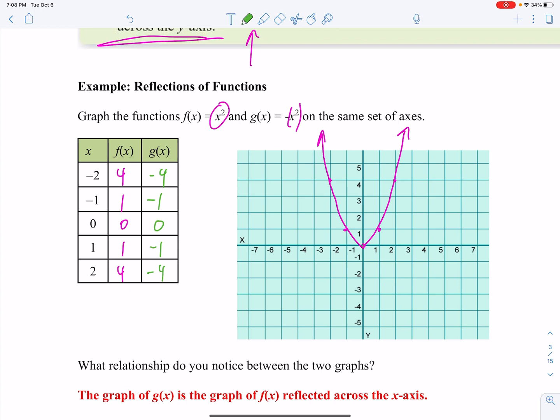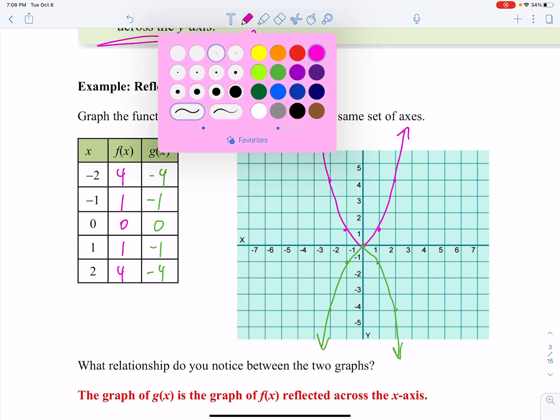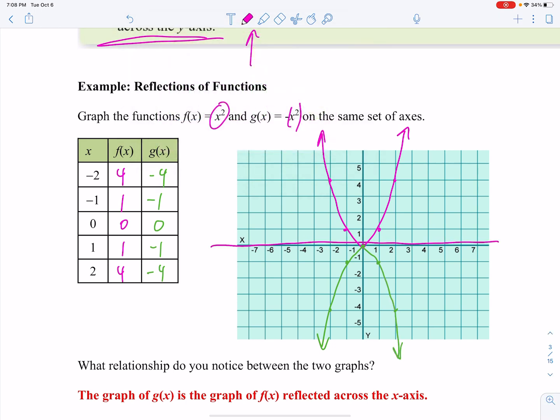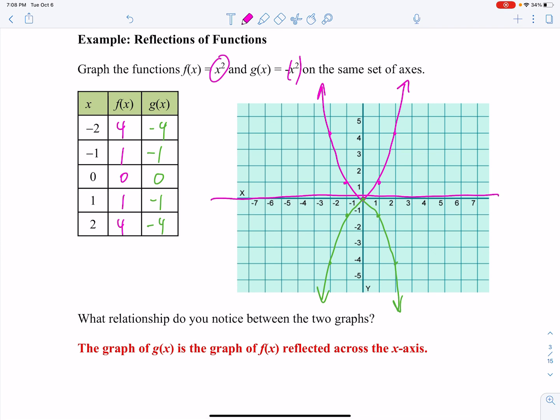So still 0, 0, here, here, there, and there. Think of the x-axis here as a mirror. The pink one's on one side of the mirror, the green one's on the other side of the mirror. All right, so that's what we've got here.